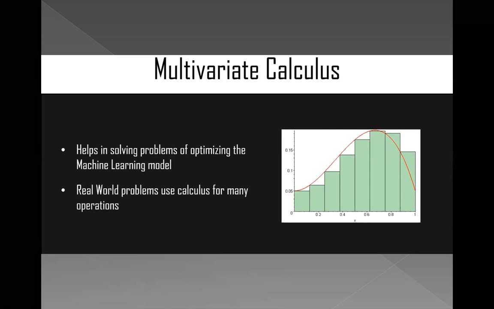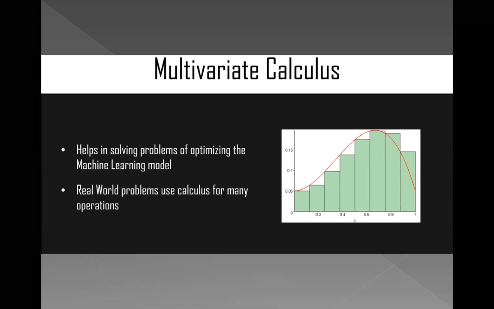It helps in solving the problem of optimizing machine learning models, as well as real-world problems that use calculus for many operations, right? That is how we use multivariate calculus. Look here: this is how the data transforms into normally distributed data.